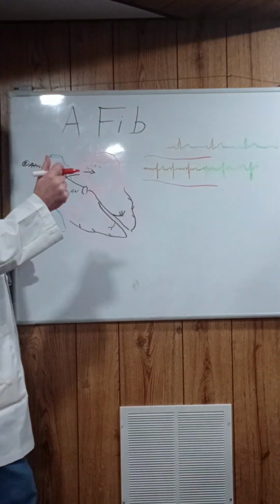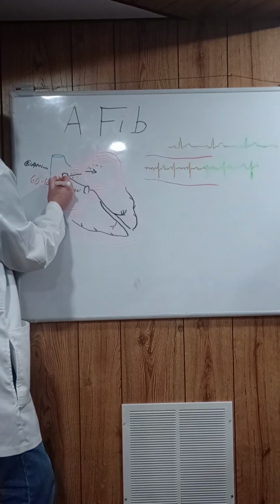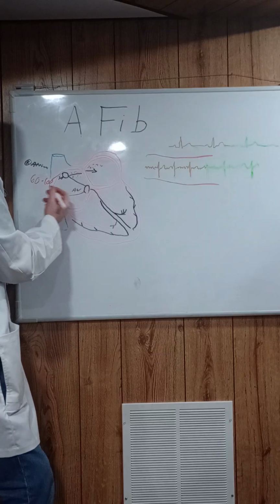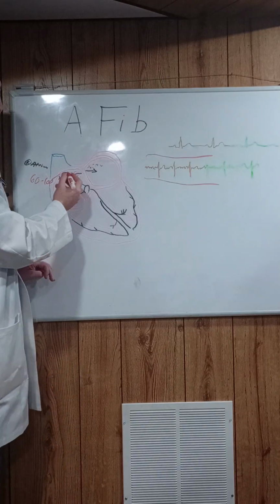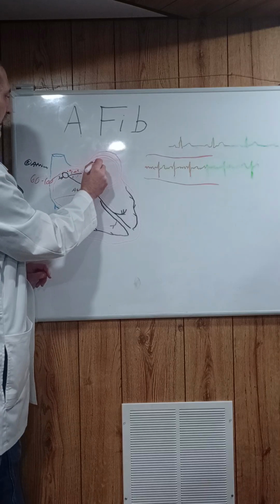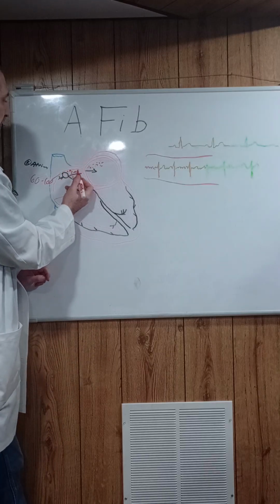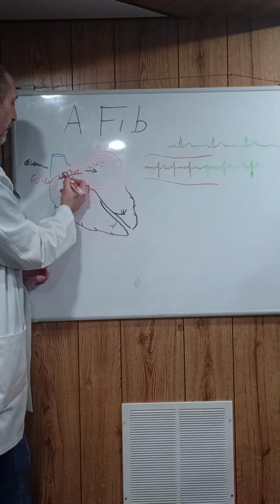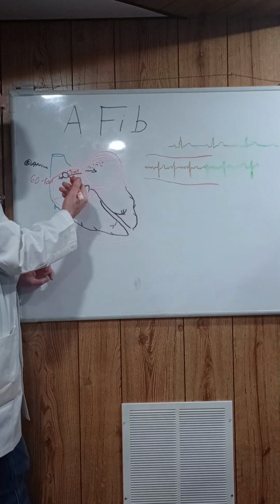The SA node, typically the intrinsic rate is going to be 60 to 100. AV node, well, we'll skip the intrinsic rate of that. All right, so what takes place is all these little electrical impulses that's carrying on up here, misfiring. Since there's so many of them going on, they overtake the pacemaker of the heart because they're firing at a higher rate.